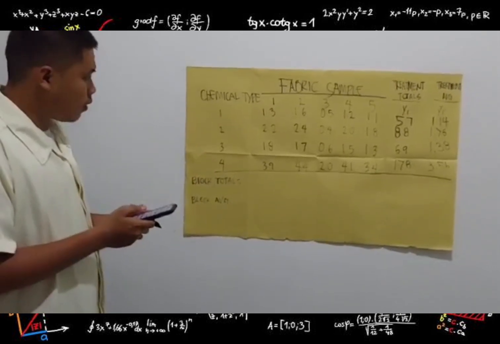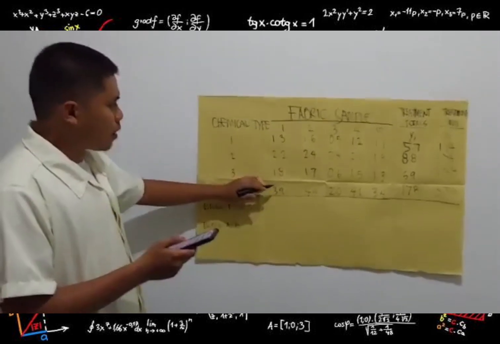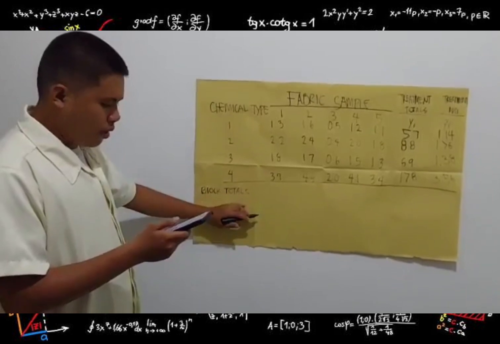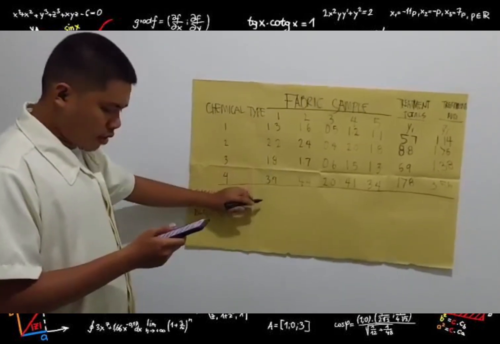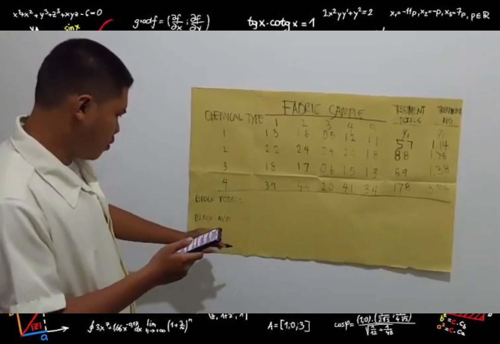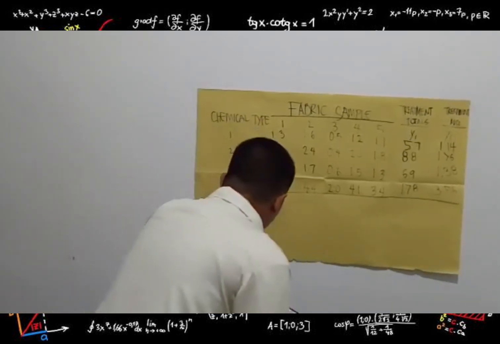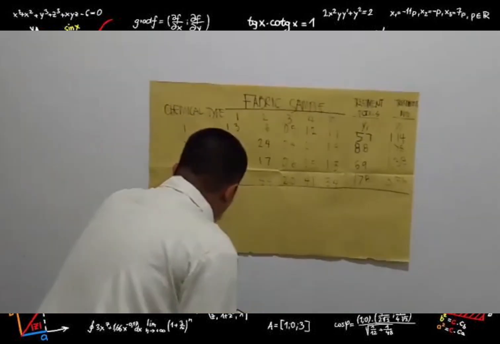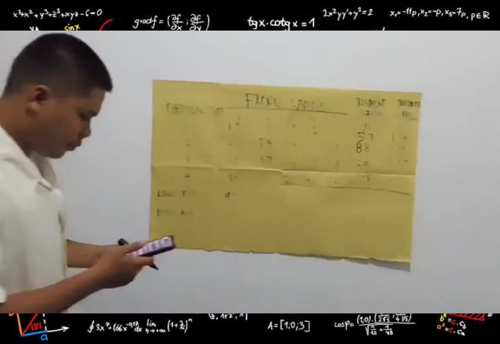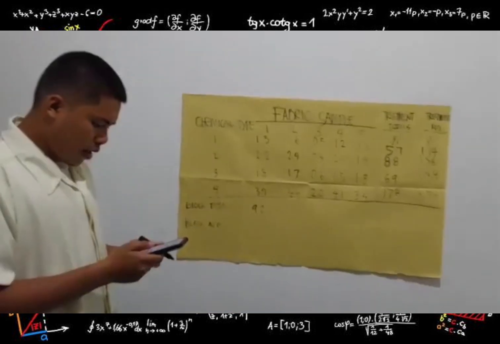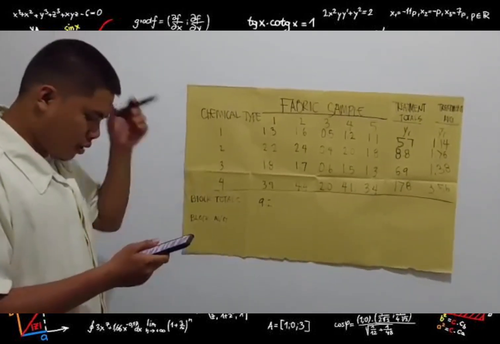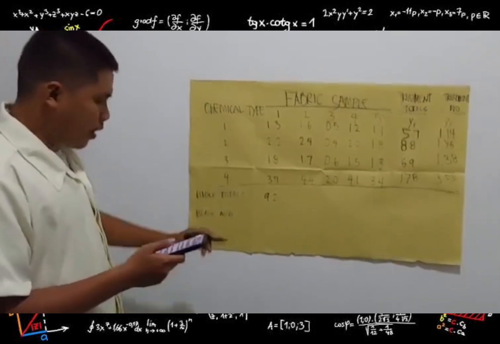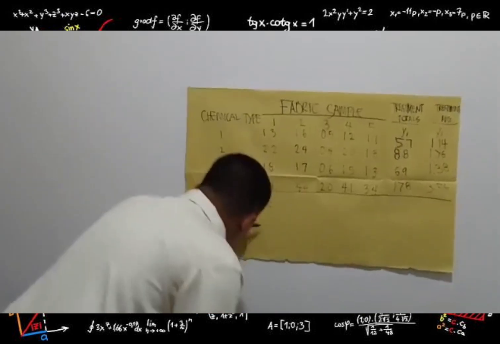Firstly, on fabric sample number 1, we add 1.3, 2.2, 1.8 and 3.9, which is equal to 9.2. And divide it by 4, because of the four chemical types, which is 2.3.